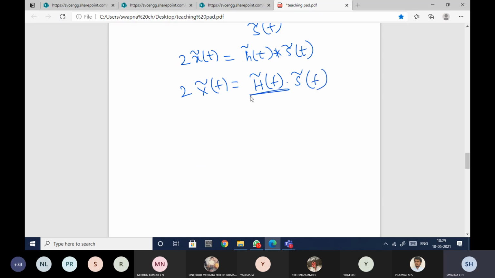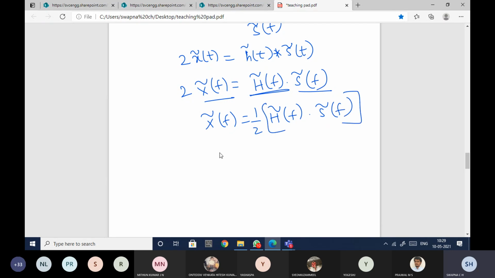So x tilde of f is half of h tilde of f into s tilde of f. If you know these, just by taking the inverse Fourier transform of x tilde of f, we'll get x tilde of t.